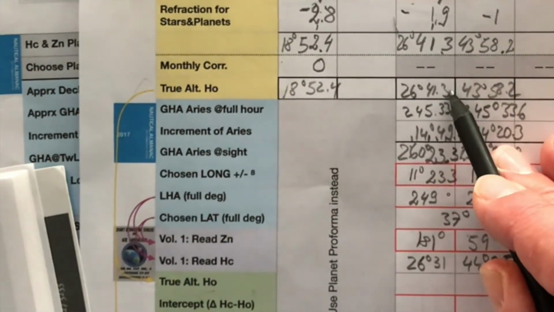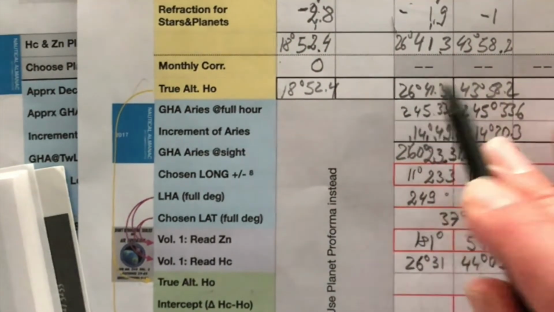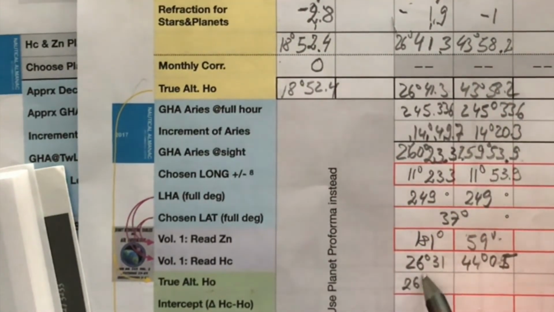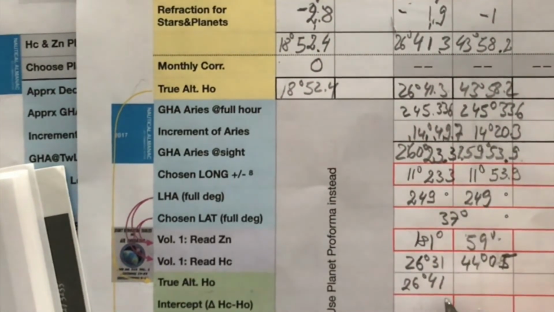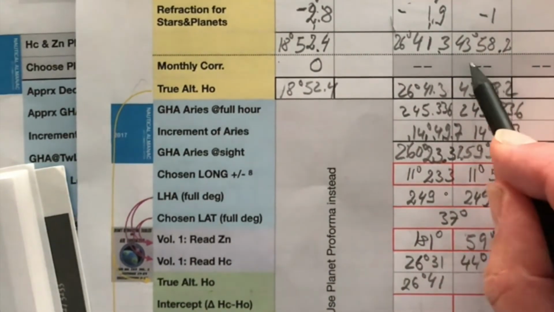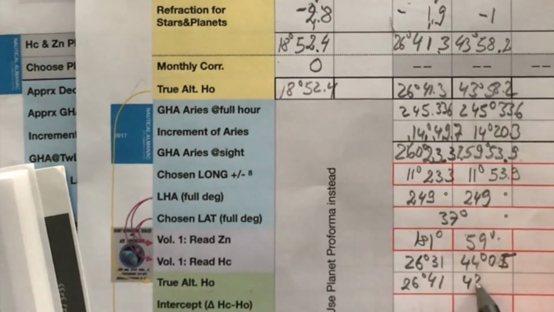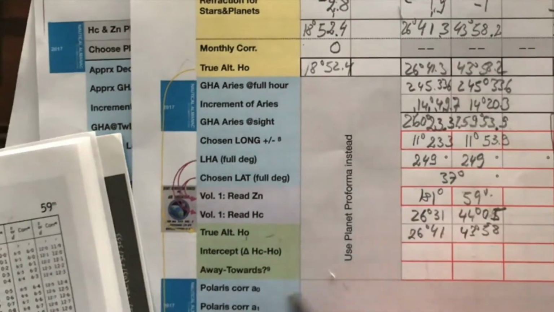And you can see that the actual altitude that we measured was 26 degrees and 41 minutes. And here we have the altitude of 43 degrees and 58 minutes.